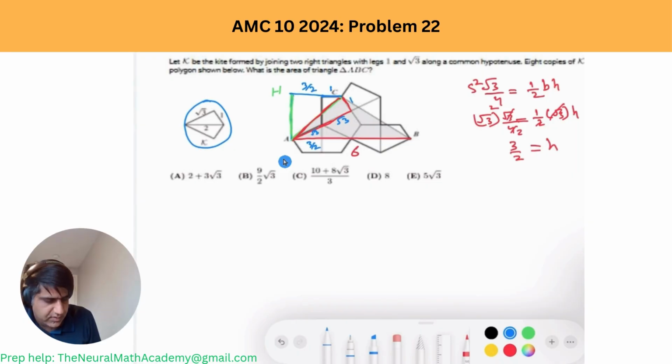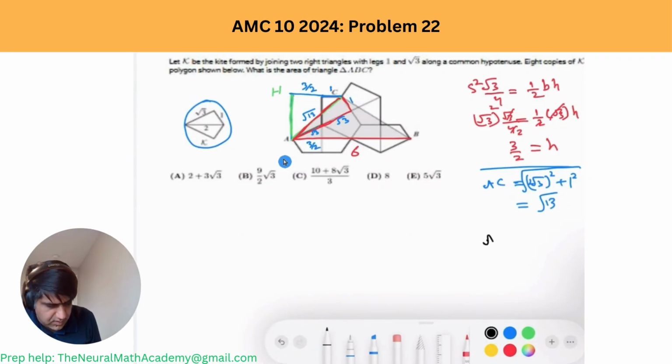So if I calculate, this length AC is equal to the square root of the sum of the squares plus 1 square, and I will get square root of 13.